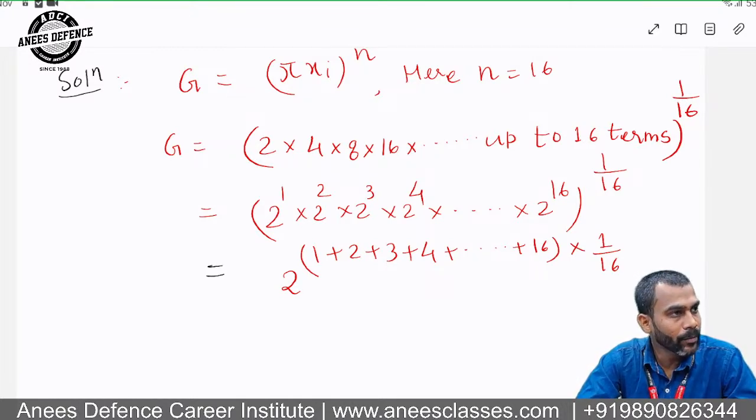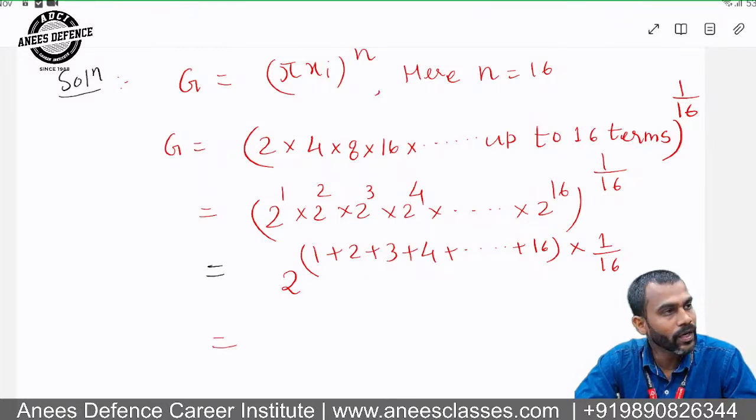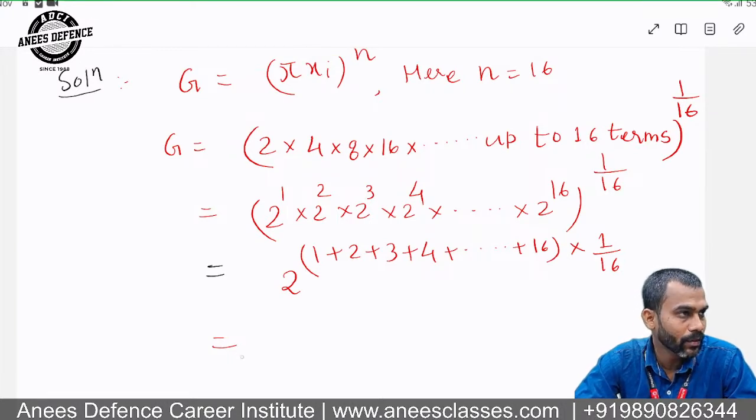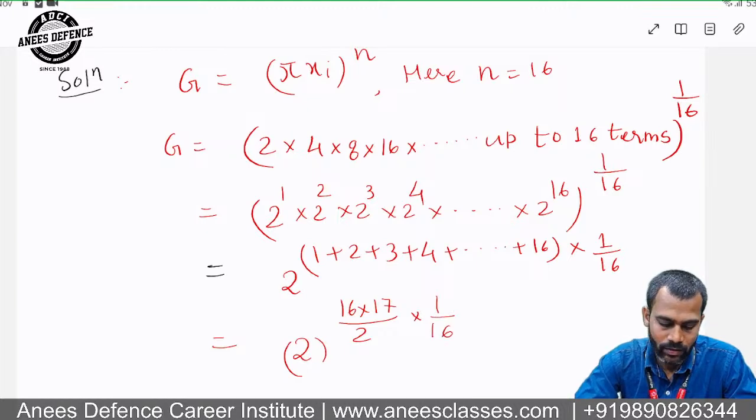Power to the power will be multiplied. I mean, x raised to m raised to n is nothing but x raised to mn. So I have just multiplied. So this is nothing but the sum of n natural numbers. And we already know the sum of the first n natural numbers is n into n plus 1 upon 2. So 2 to the power 16 into 17 by 2 into 1 by 16.